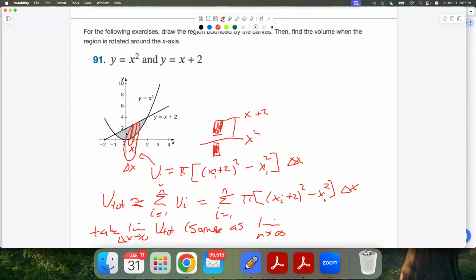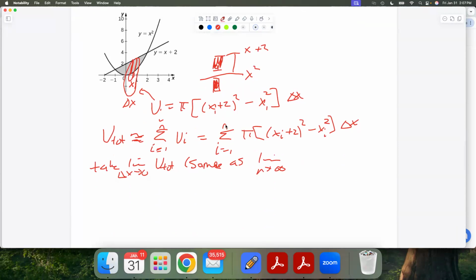So instead of only doing n little tiny washers, we do an infinite number of them. If we're doing an infinite number, they all have to be infinitesimally thick. So that means delta x goes to 0. And when we take that limit, this sum turns into an integral. That approximate turns into an equals.